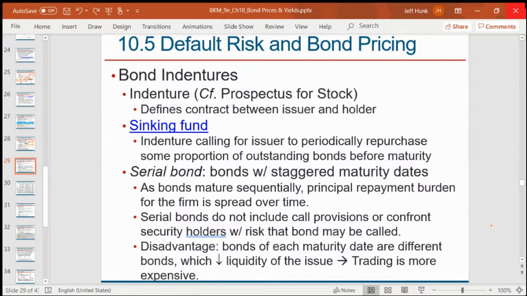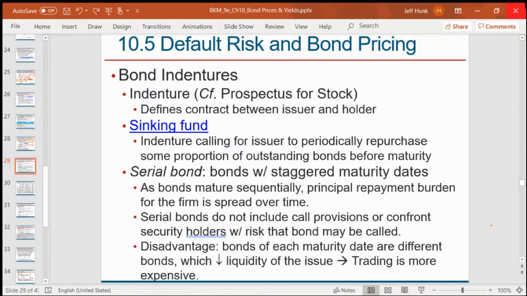I mean, you can sell it to another person. There may have been a secondary market transaction between you and the next bondholder, the buyer who buys from you.